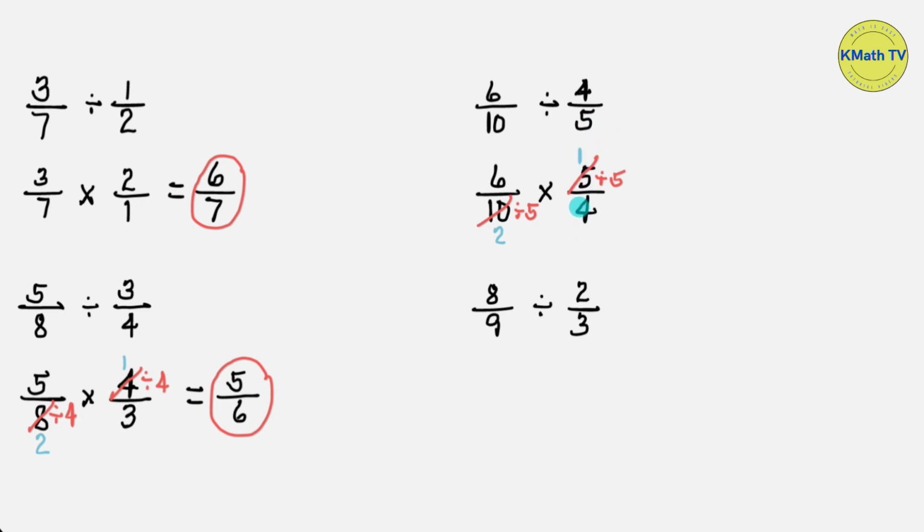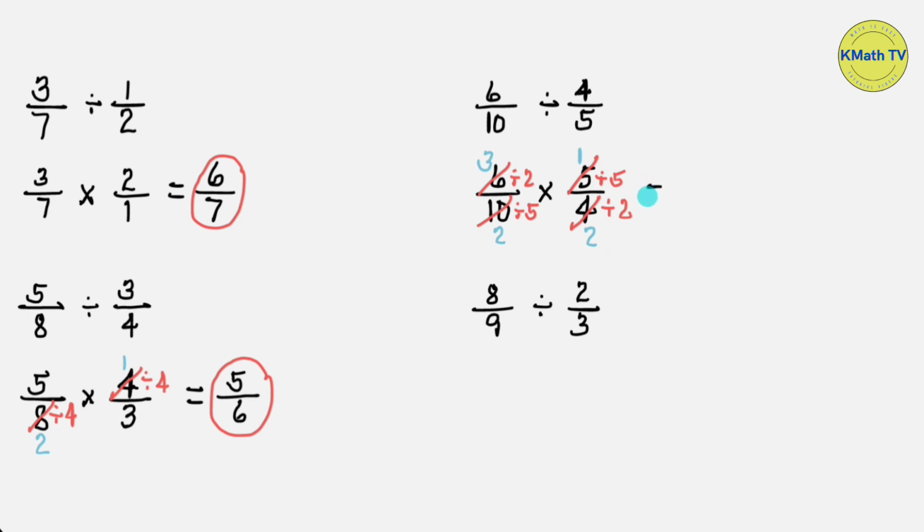Next, let's cancel 4 and 6. Let's divide them by their GCF 2. Okay, cancel, cancel. Then divide. 6 divided by 2 equals 3. 4 divided by 2 equals 2.